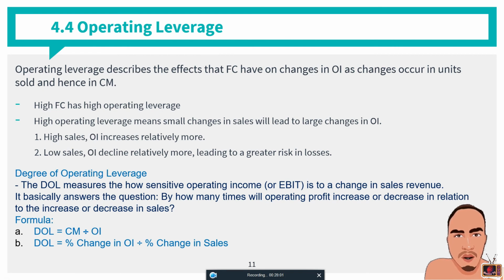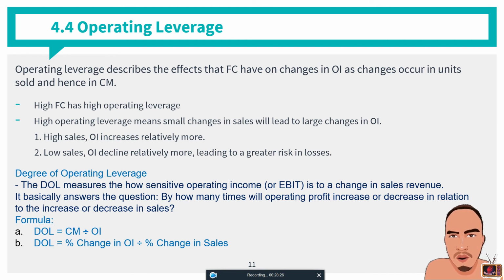Operating leverage describes the effects that fixed costs have on changes in operating income as changes occur in units sold and hence in contribution margin. It simply states that when there is high fixed cost, there is also a high operating leverage.